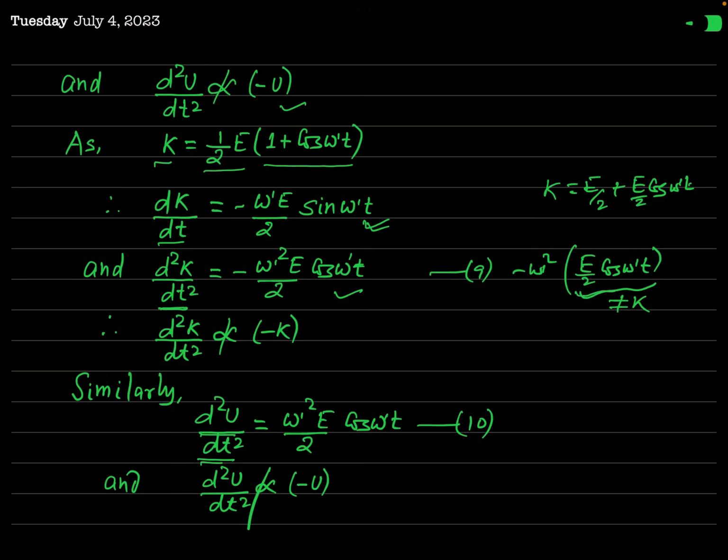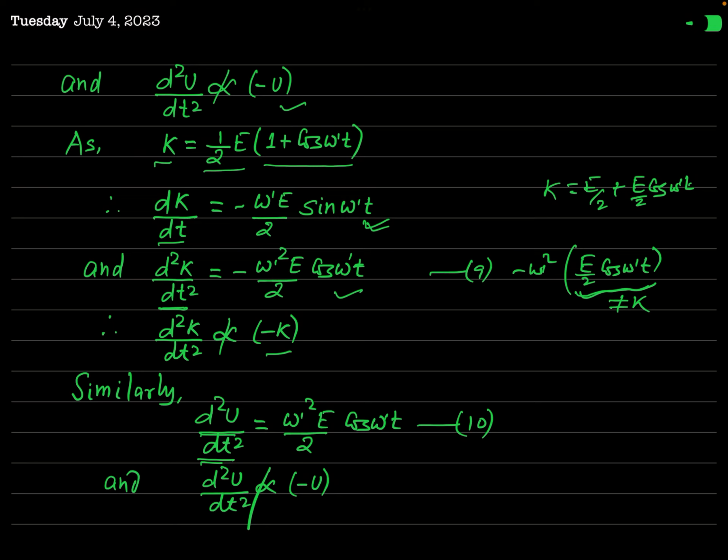But since this expression is not equal to k, we can say that d2k by dt square is not proportional to minus k. And if it is not proportional to minus k, we can easily say that the variation of k is not simple harmonic.